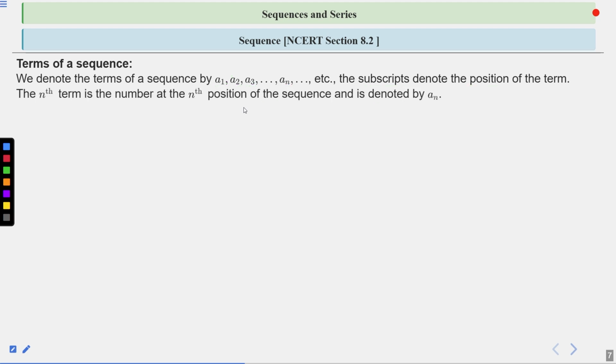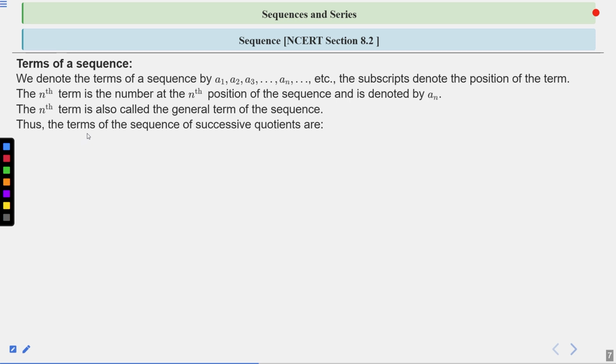Now, the nth term is the number at the nth position of your given sequence, which is denoted by AN. Clear? The nth term is also called the general term of your given sequence. Simple.